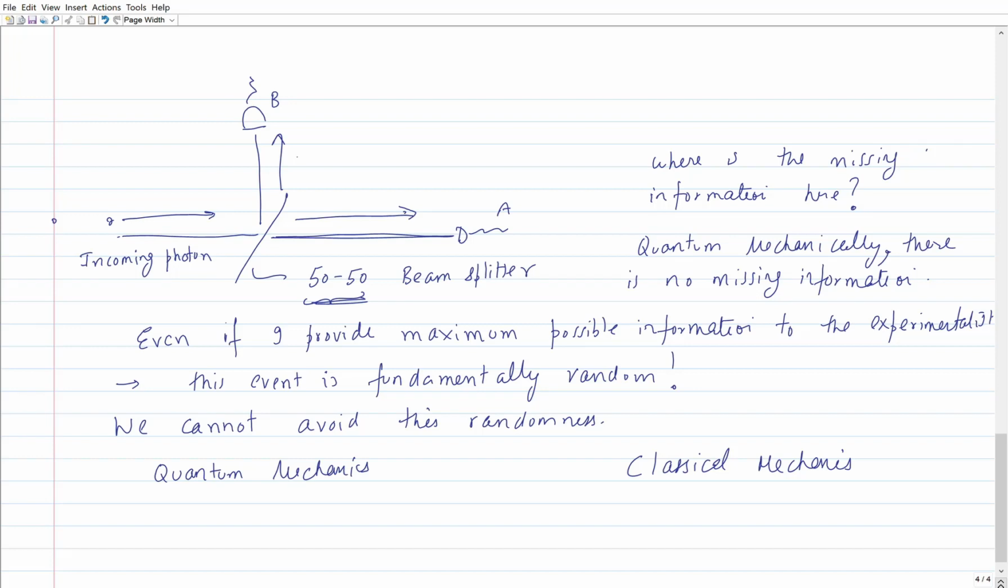And the essential difference is the difference between something we call subjective versus objective. So classical randomness is in some sense subjective.